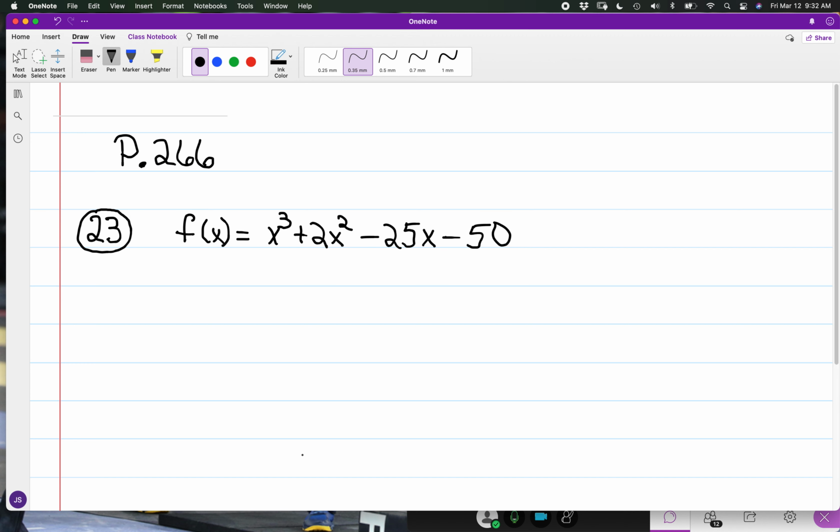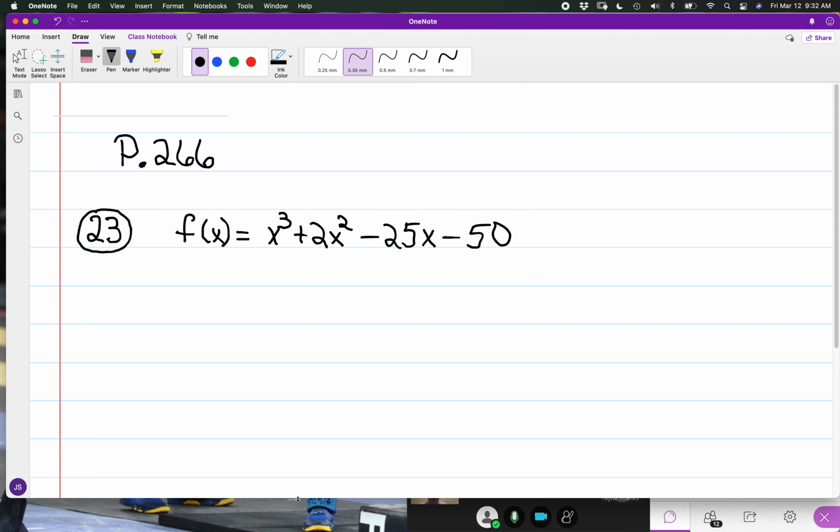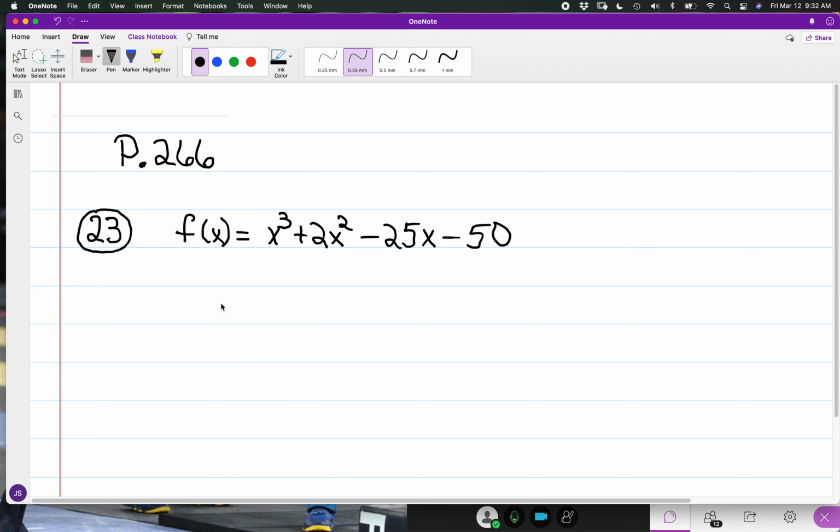All right, so we have a polynomial in expanded form. Now, most polynomials will not be factorable in the context of a factoring by grouping setup.